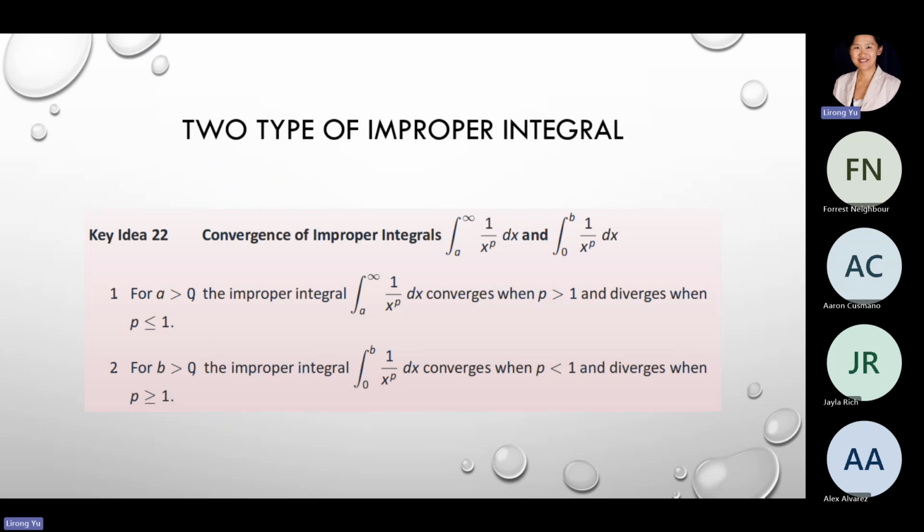But here, the denominator is a small number near 0, since x is near 0, so we want a smaller power. In this case, p has to be less than 1 to converge. But in the other case, we want p to be bigger than 1 to converge.